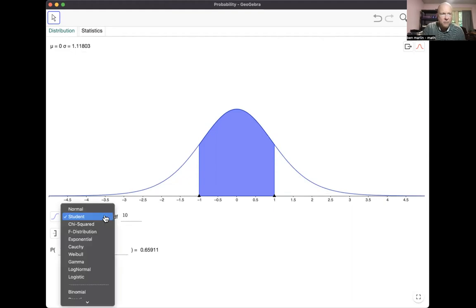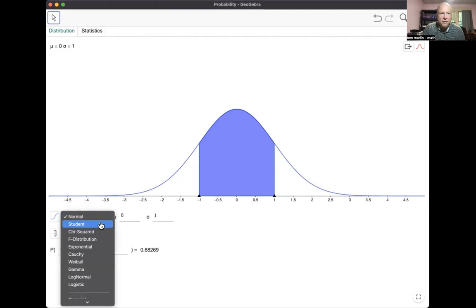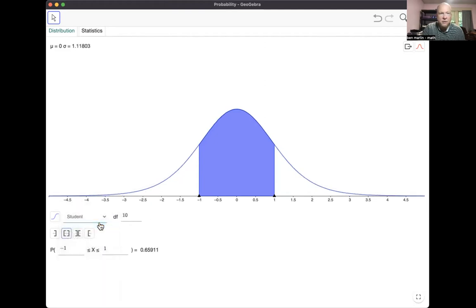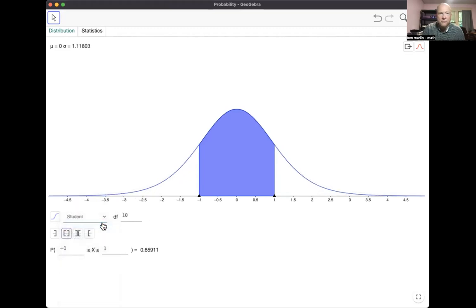If you look at a normal distribution and then a student's t distribution, the student's t distribution is a little bit taller on the edges and a little bit lower in the middle.